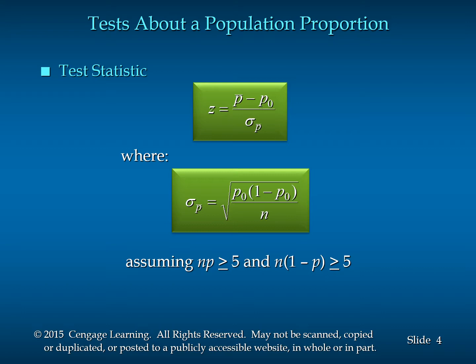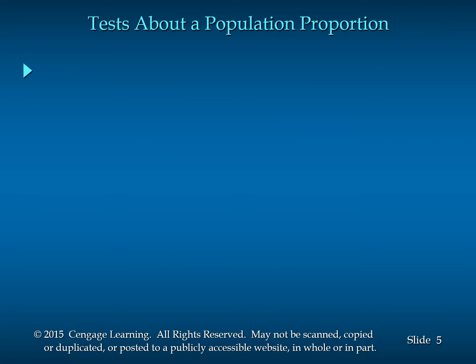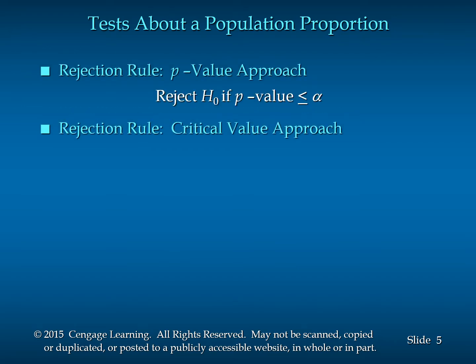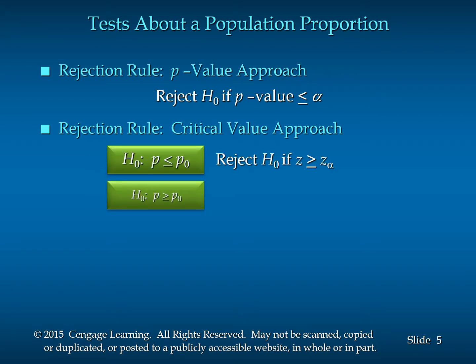And again, we will do this only where n times p is greater than or equal to 5 and n times 1 minus p is greater than or equal to 5. The rejection rules for the p-value and the critical value approach are the same as for the testing for the mean.